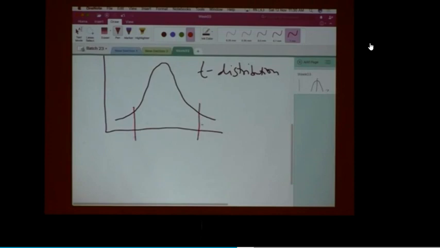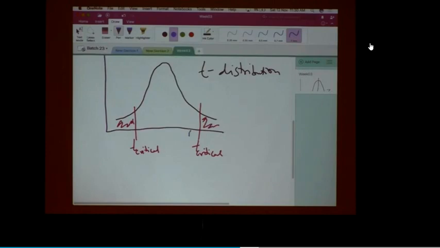It could be one-sided, it could be two-sided, doesn't matter. So this is also T critical. And let's say my sample fell here, this time. So this is the T of the sample.